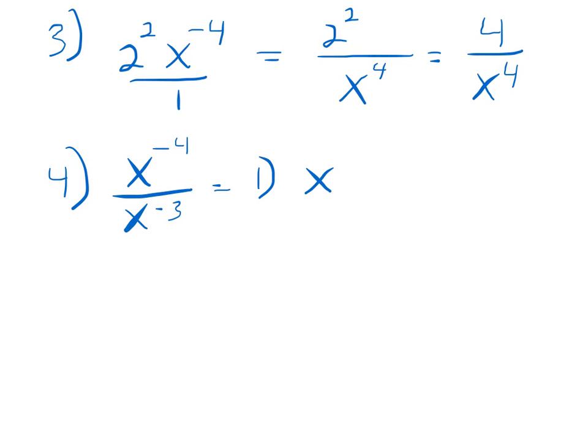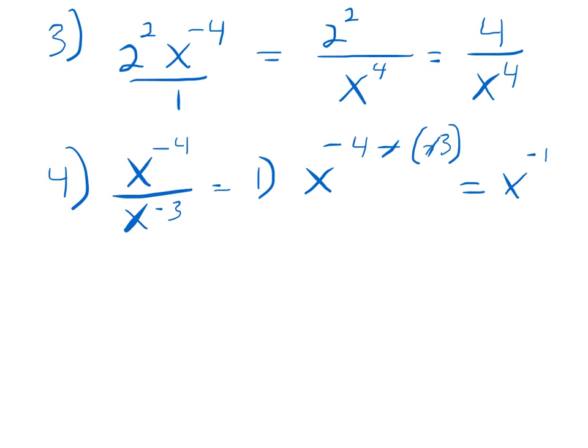So it'd be x to the negative 4 minus, and then what's the other number? Negative 3. What happens with minus a negative? It turns into plus positive. So this would end up being negative 4 plus 3, which is x to the negative 1.